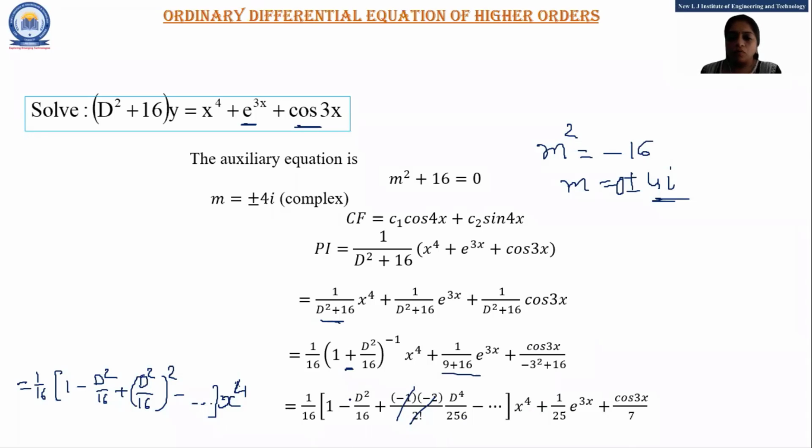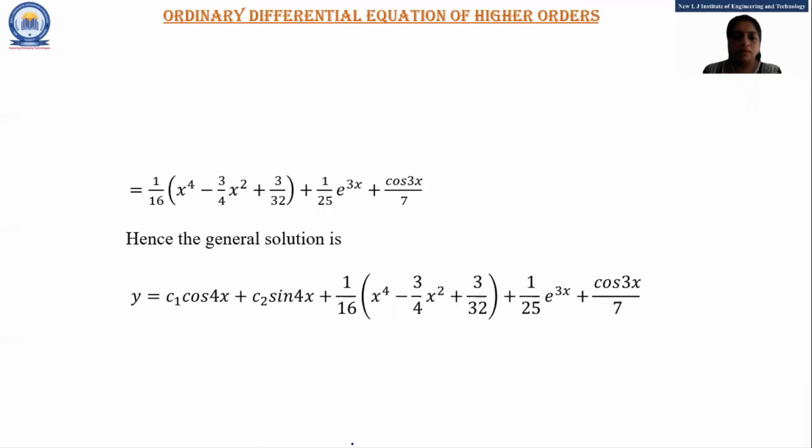Here I'm going to just split the bracket into the first term, middle term and last term, keeping the rest the same. So 1 into x raised to 4 is just x raised to 4.